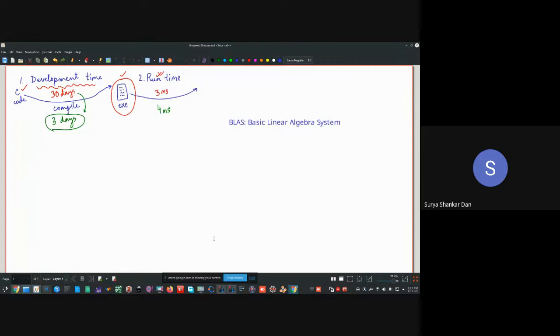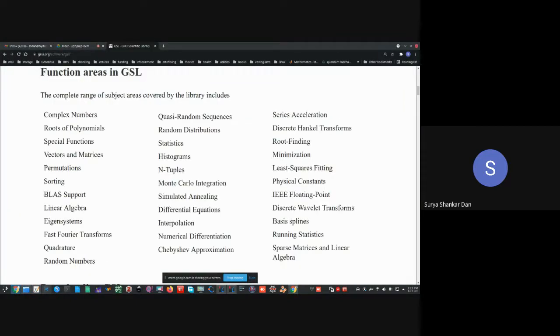This BLAS which you see was the forerunner of Fortran. Even before, in the 1970s and 1980s, Fortran used to be the fundamental language for all kinds of scientific or technical programming.